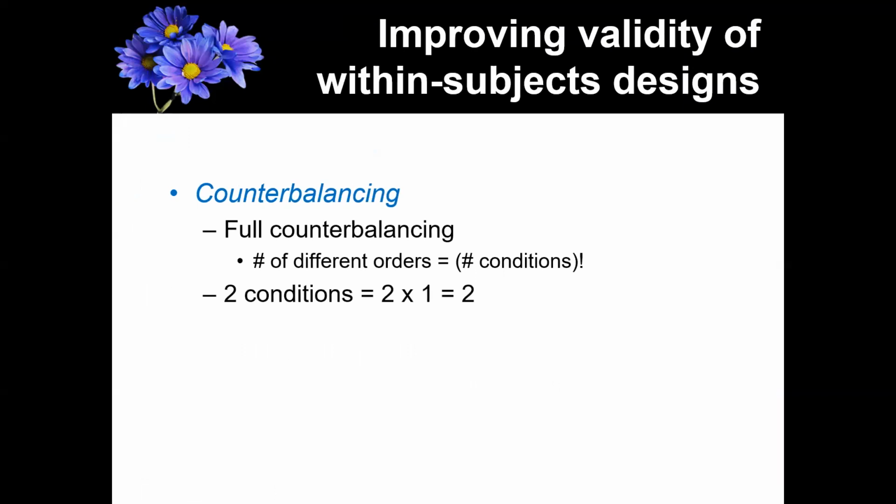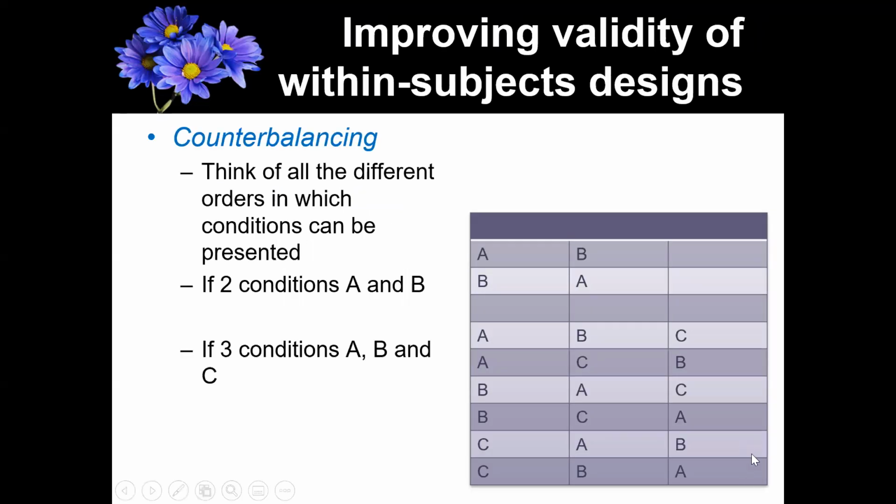That's full counterbalancing, another term for it. So if you have two conditions, that's easy. Three conditions is not so bad because it means you're going to have six versions of the experiment. With three different conditions, we end up with six different versions because there would be six possible orders.